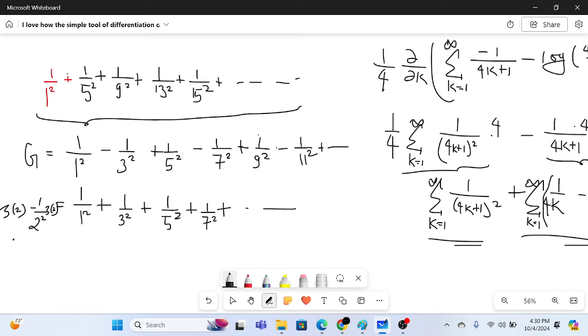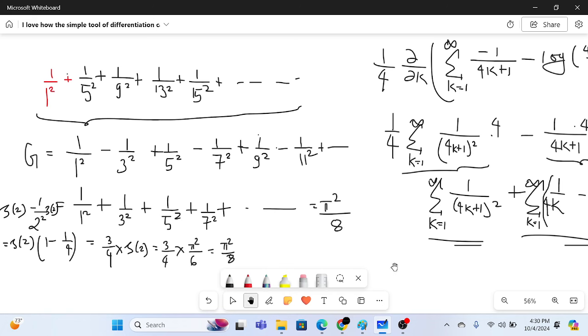Now this is Riemann zeta of 2 times 1 minus 1 by 4, which is 3 by 4, times Riemann zeta of 2. Riemann zeta of 2 is pi square by 6. So 3 by 4 times pi square by 6 is pi square by 8, right? So this sum over here is pi square by 8.